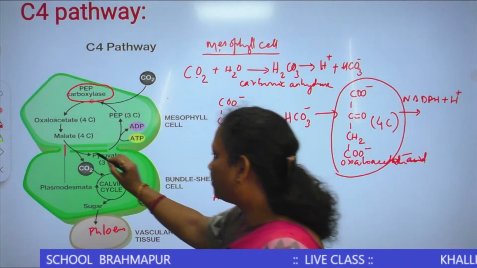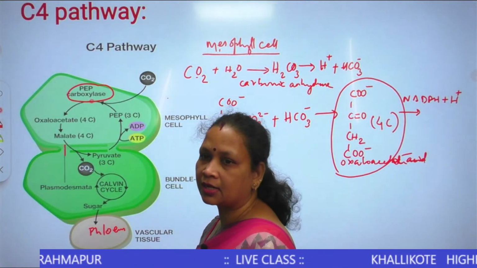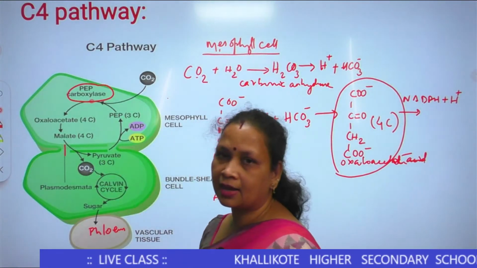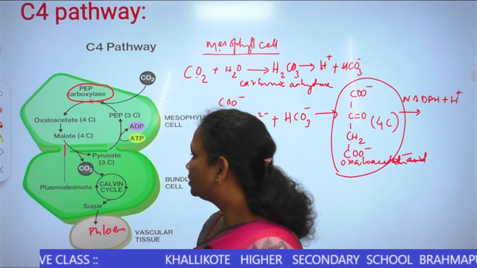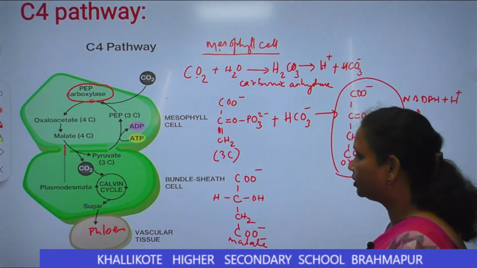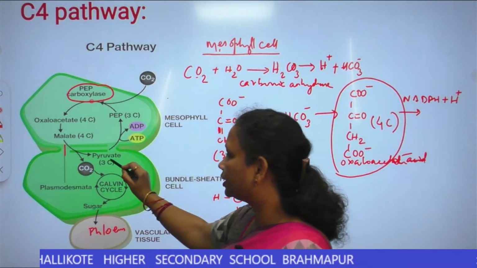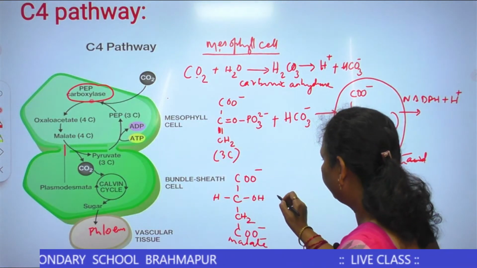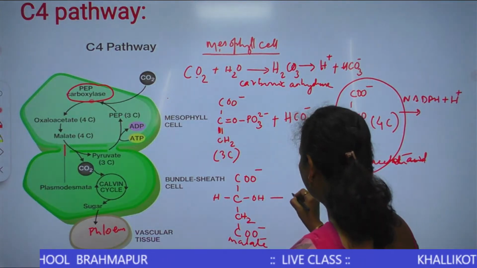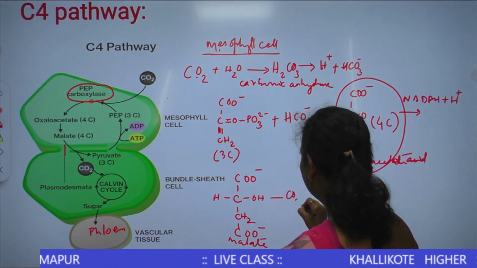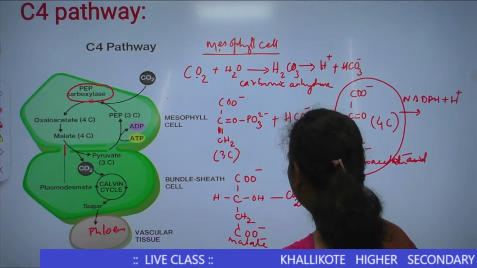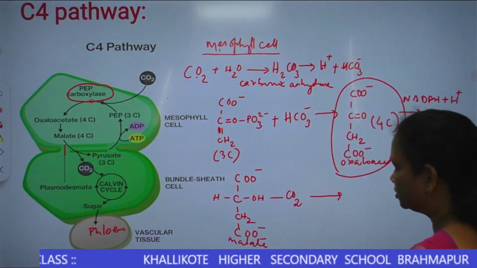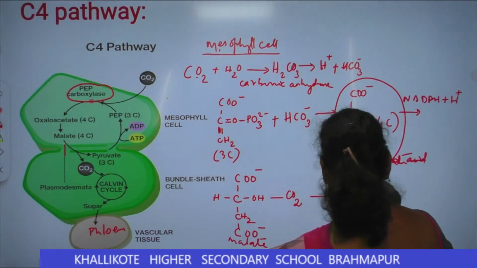So what happens inside the bundle sheath cell? Inside the bundle sheath cell, malate is decarboxylated. You can see carbon dioxide is removed and it gets converted into a 3 carbon compound, pyruvate. So we can take out carbon dioxide from here and you will get the next compound, that is pyruvate.